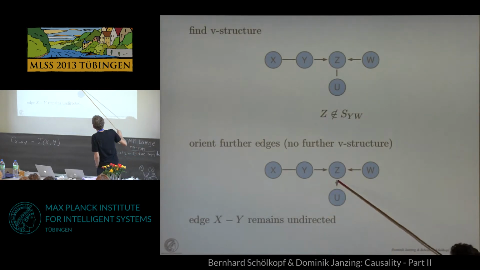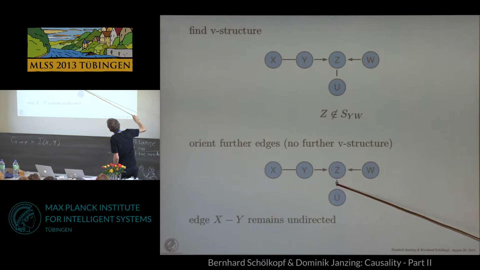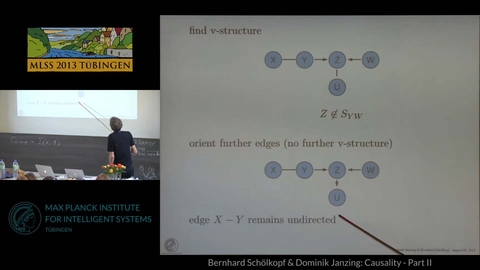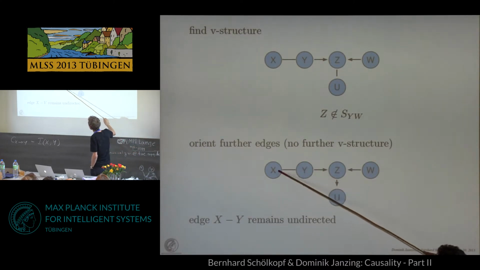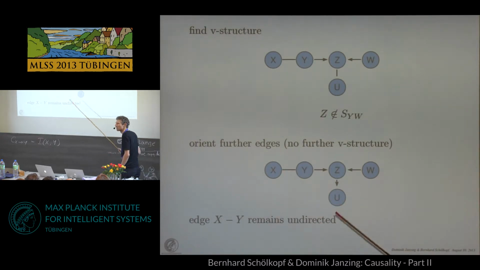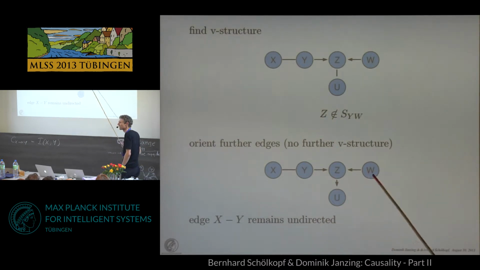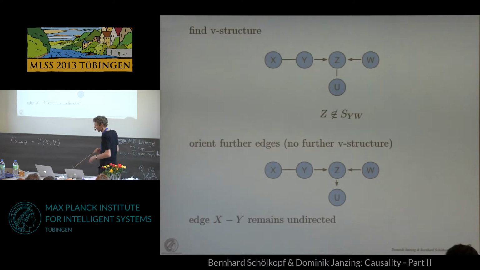Then we necessarily need to orient this edge this way, otherwise we would create an additional V structure here and an additional V structure here. And then this edge remains undirected, so it really could be both ways because this is a Markov equivalence class. So we get an output where only some of the edges are directed and some undirected. So that's the final output of the algorithm.